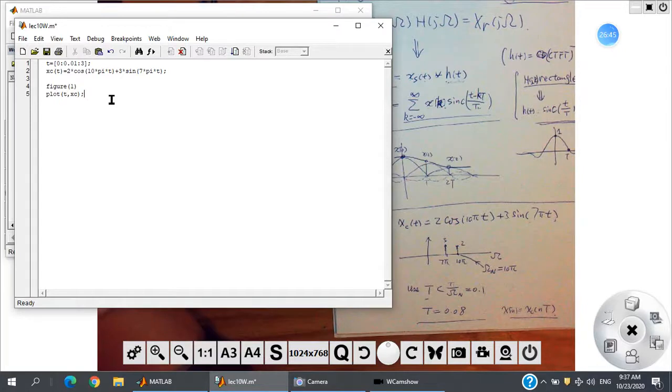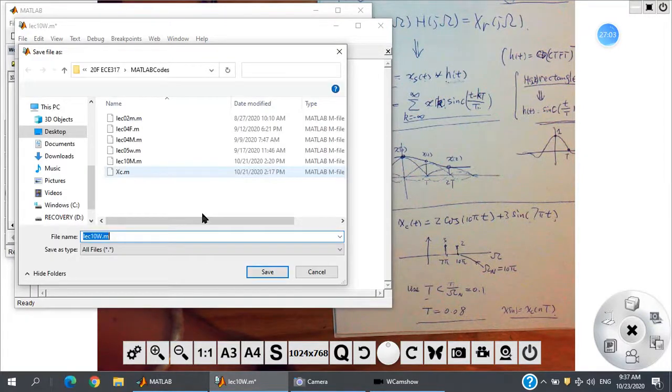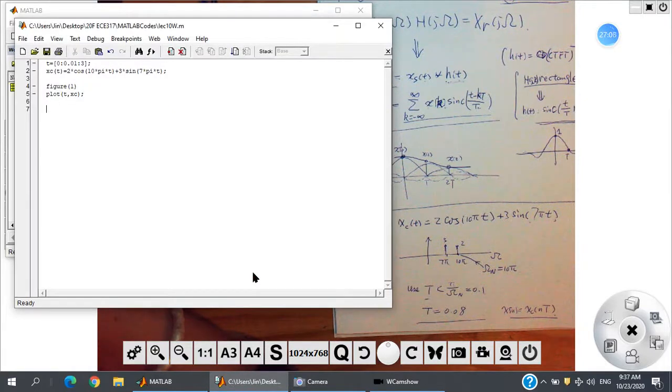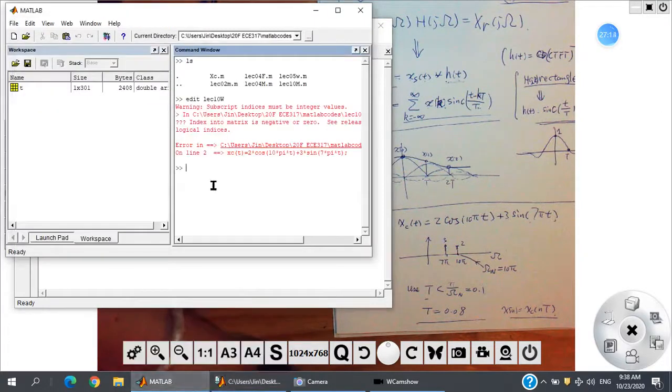Alright, this is the first part of our code. We have xc, and we can have a look at it. We can try to run it, F5. Yeah, it's running. Oh, I need to save it. Okay, just save it. Run it. I got something wrong. Line 2.